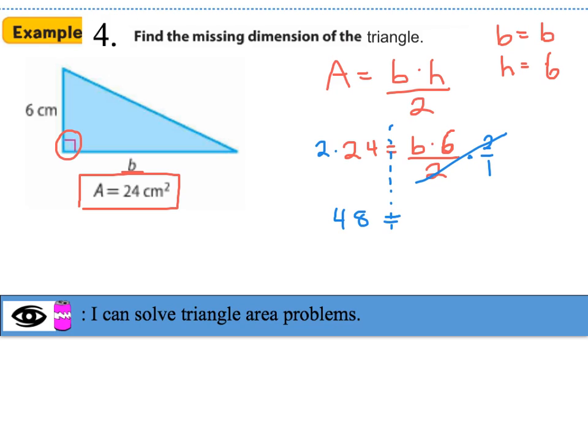And we can drop down the rest of it, which is B times 6. Now we can isolate this variable by, instead of multiplying by 6, dividing by 6 so that B can be by itself. And we can cross out the 6's. Now B is alone. Now 48 divided by 6 is equal to 8. So the base of the triangle is 8 centimeters long.